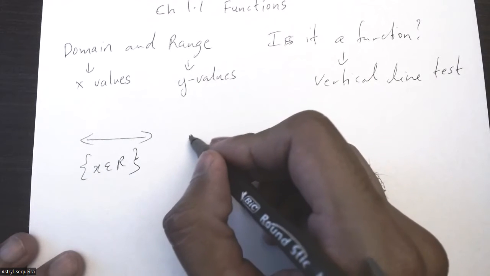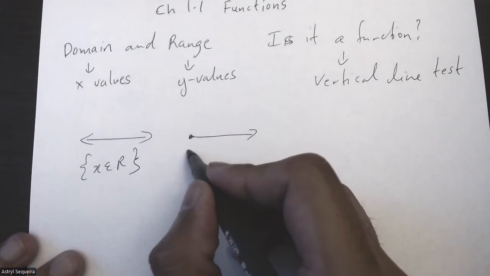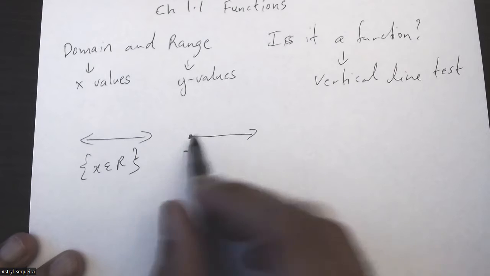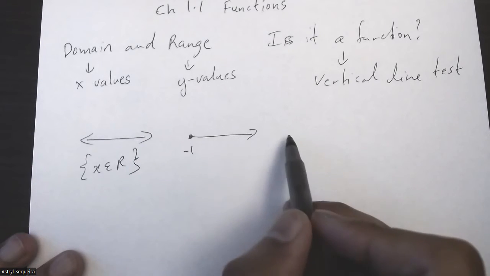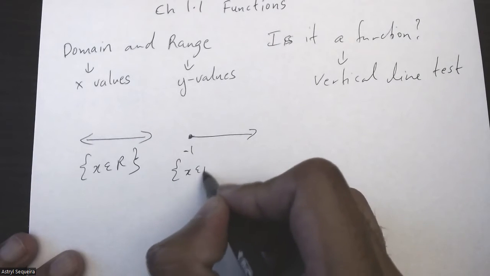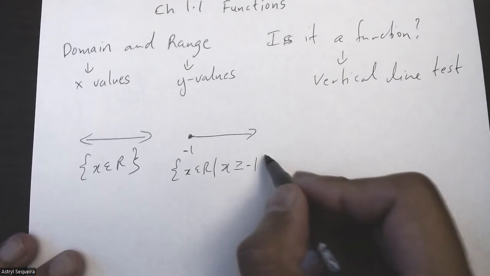You can have a function that looks something like this, where maybe this value is -1. So in this case, x cannot be -2, x cannot be -3, but x can be any value greater than -1. So here our domain is all real numbers such that x is greater than or equal to -1.